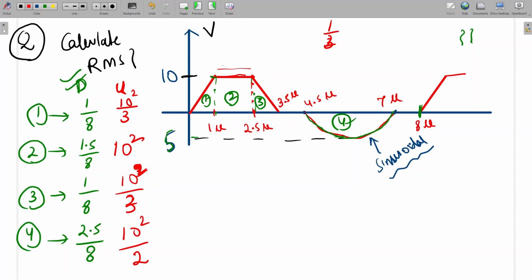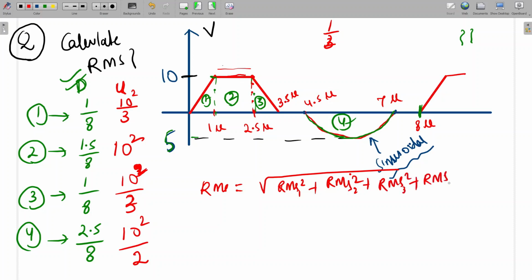So for this one, what will the RMS be? Total RMS will be the square root of RMS 1 square plus RMS 2 square plus RMS 3 square plus RMS 4 square.